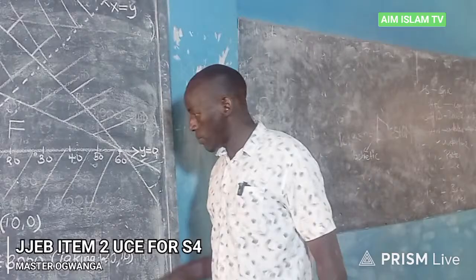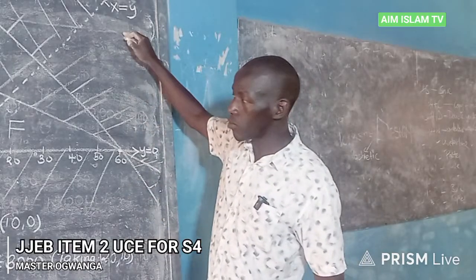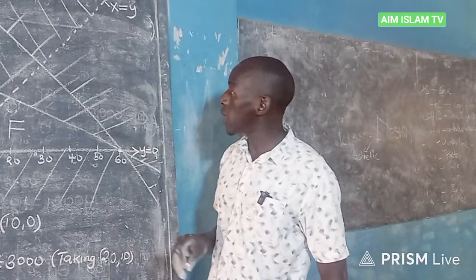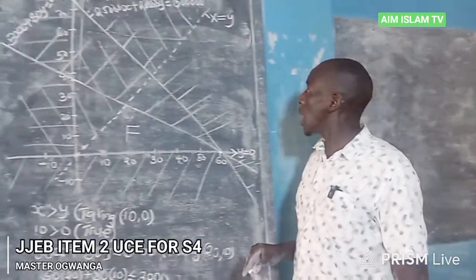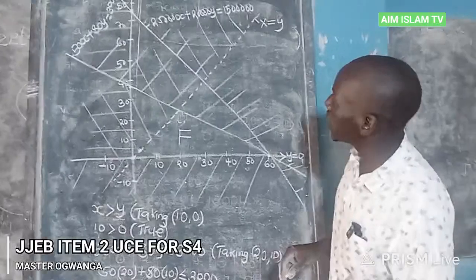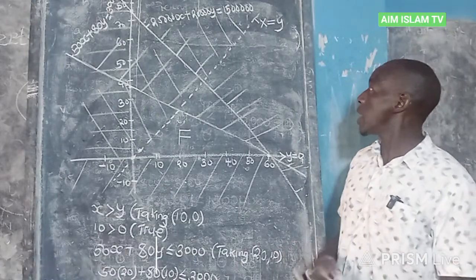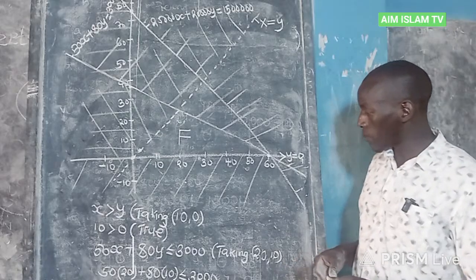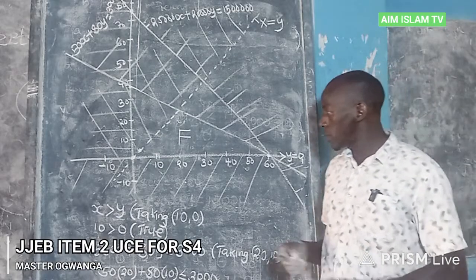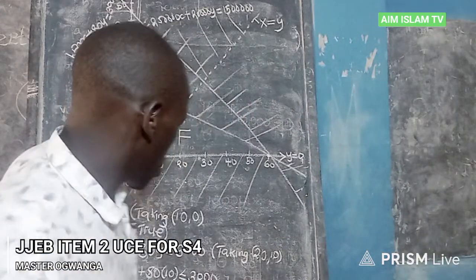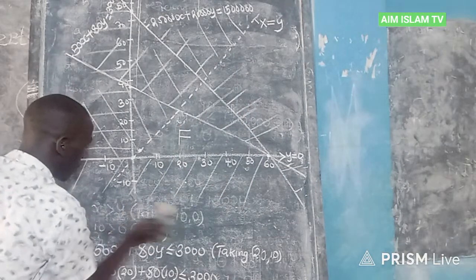So the bigger value should be 1.5 million. I'm going to use the constraint for the amount that was represented by 25,000x plus 20,000y equals 1,500,000 shilling.